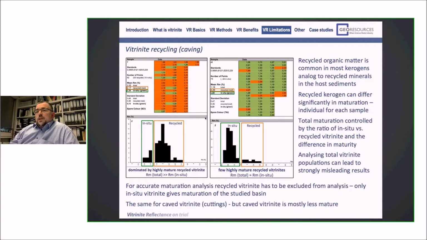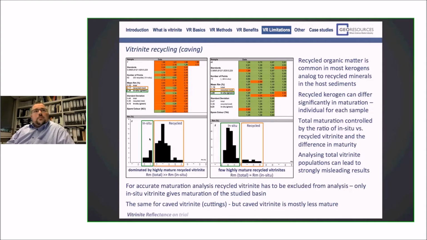These are 2 samples from a study in northern Germany, which I will show you a bit more details later on when we are getting to the case studies. And we see here the 2 samples. The red one is a high mature recycled organic matter. The green one is a less mature in situ organic matter.